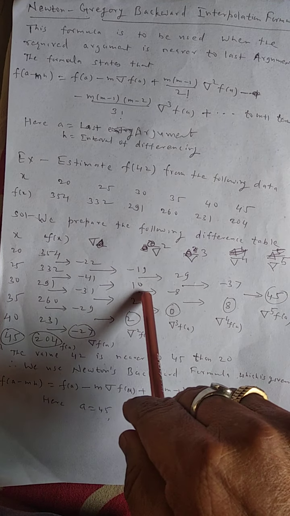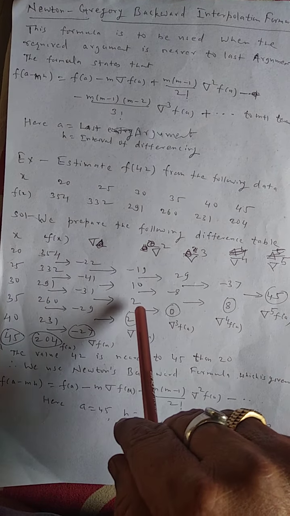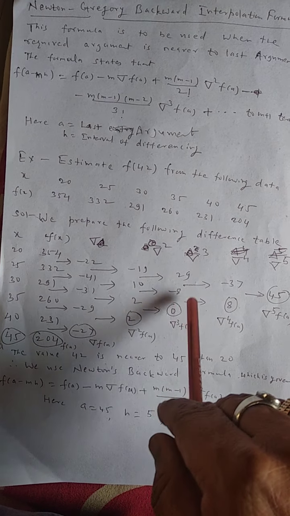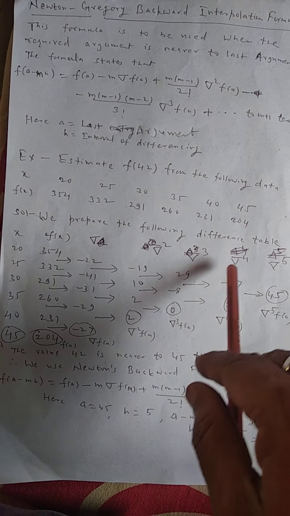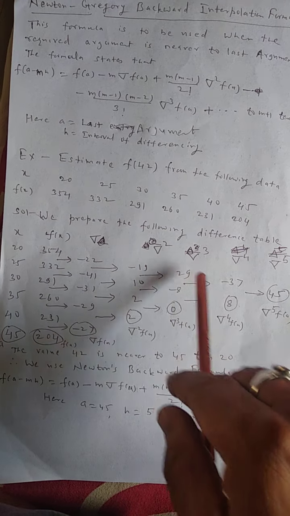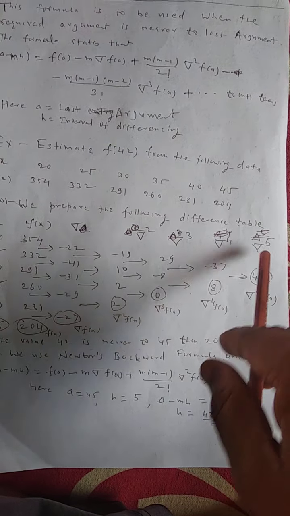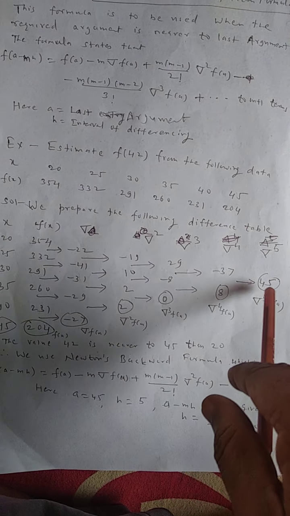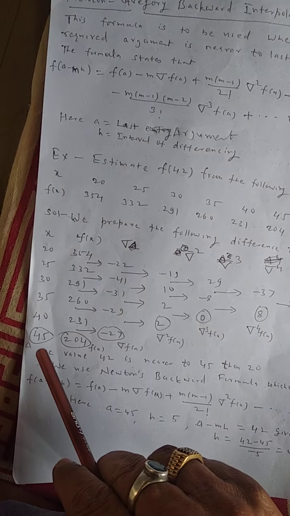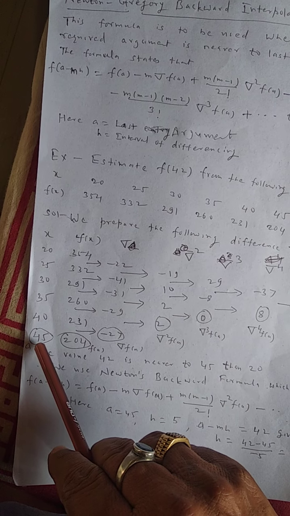Del cube: 10 plus 19, 2 minus 10, 2 minus 2. Del fourth: minus 8 minus 37, 0 minus plus 8. Del fifth is 8 plus 37, 45. So you just mark these.